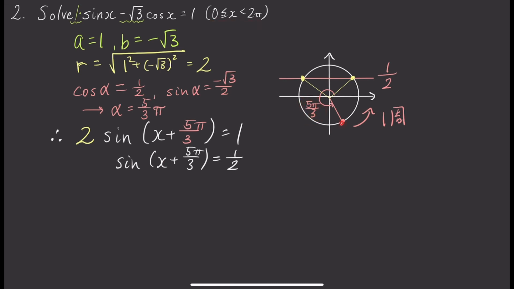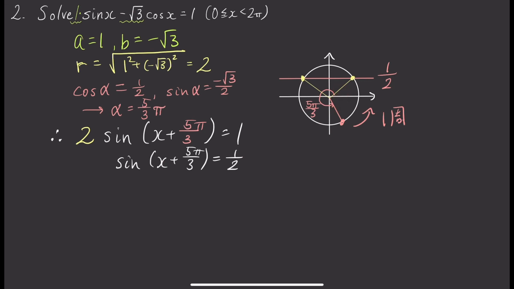So that means we start here, x equals 0, that's here, and we add x up to 2 pi. That means we do one full revolution, right? So when does the sine equal 1/2? Well, it's here and here. So how far did we travel from here to here?